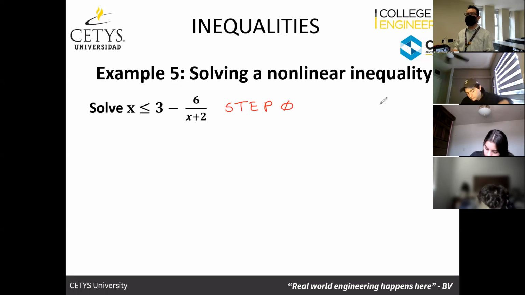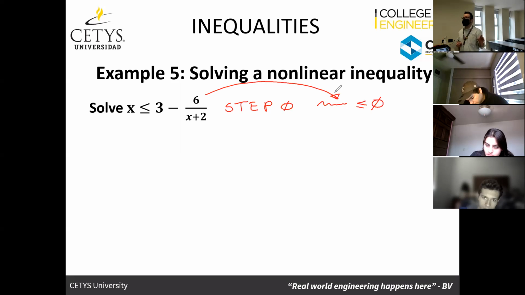For that step 0, I have to have something less than or equal to 0. I have to turn this into something that looks like this before I begin. Before I do anything else, I need to do that. And we're gonna have to refresh our algebra there to do that.